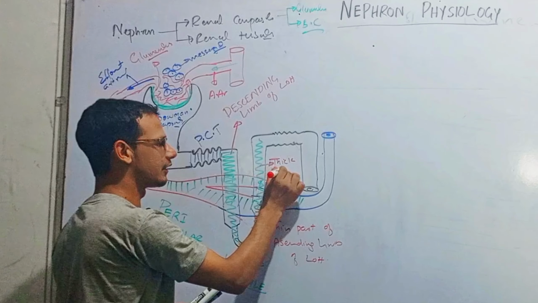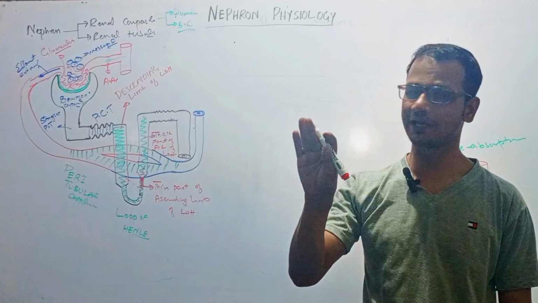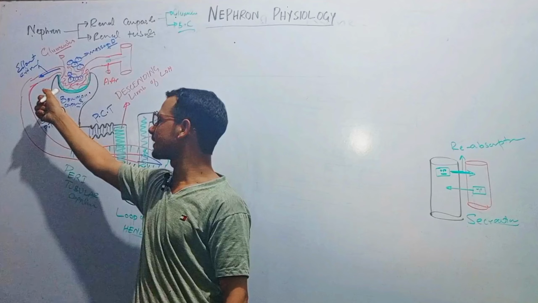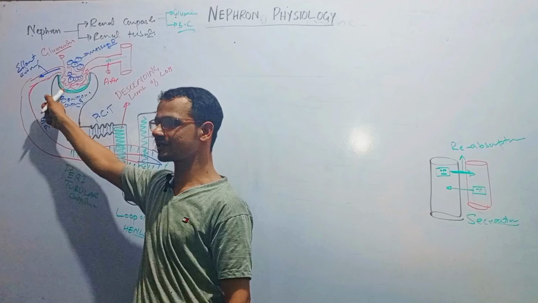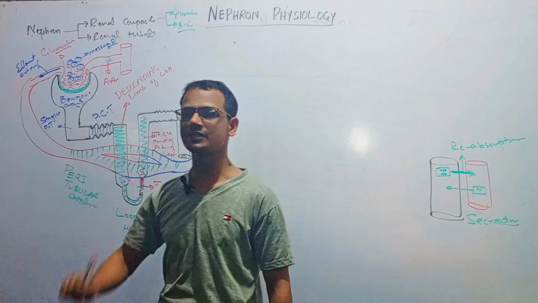Why are we separating these areas? For mechanism, because the mechanisms that occur here and the mechanisms that occur here are very different from each other. Also, the mechanisms that occur here are different from the proximal convoluted tubule, and the physiological functions that occur in Bowman's capsule are different from the proximal convoluted tubule. Also the osmolalities.